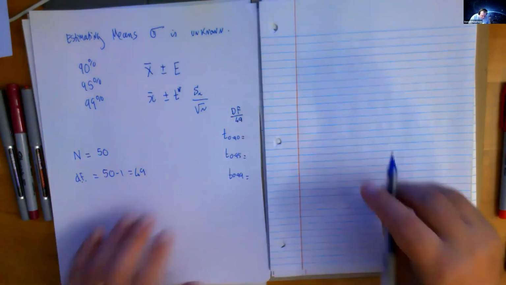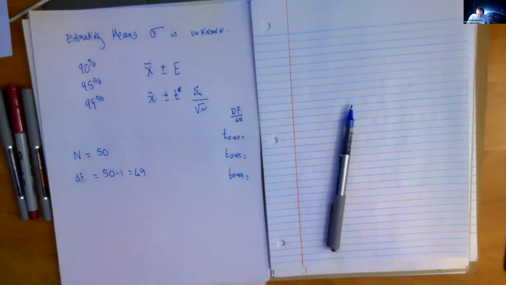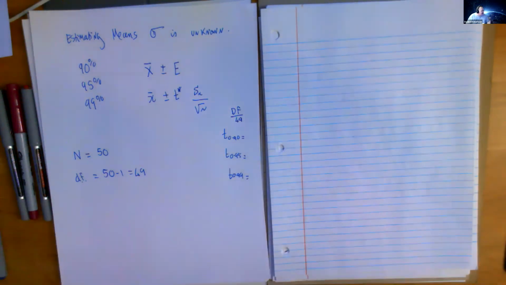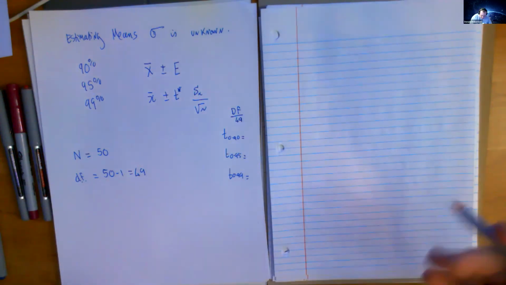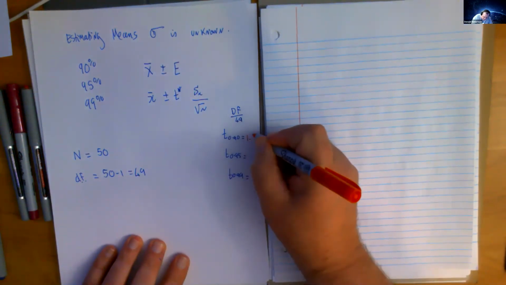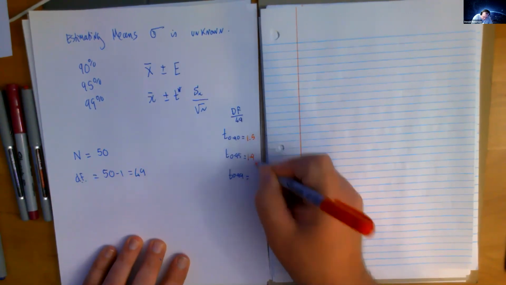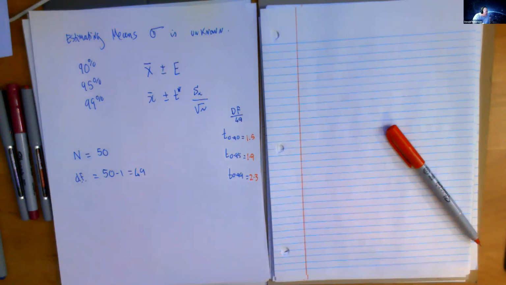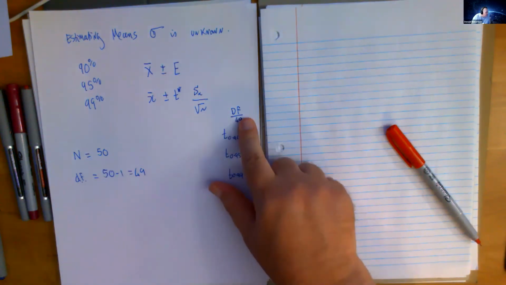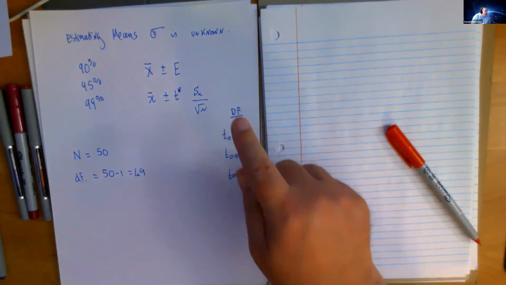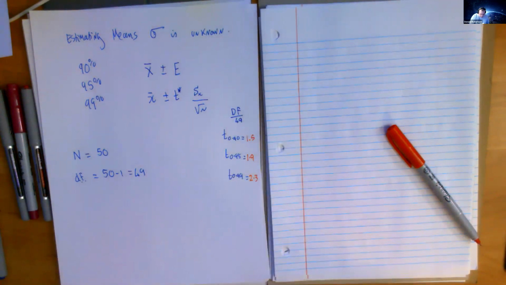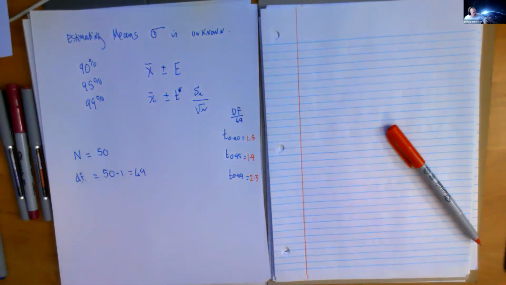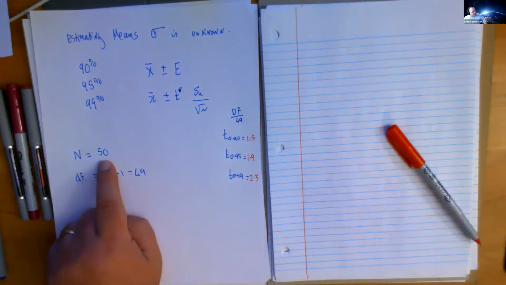I'm making this up, so don't write this. Well, you can write it down, but remember, this isn't real. This is me just making up numbers because I don't want to have to go and find that table to look them up for real. But can you imagine, this is 1.5, this is 1.9, and this is 2.3, right? And then if you had a sample of 500, there would be a guy called degrees of freedom 499, and you'd get different numbers. So the magic numbers keep changing depending on the sample size.